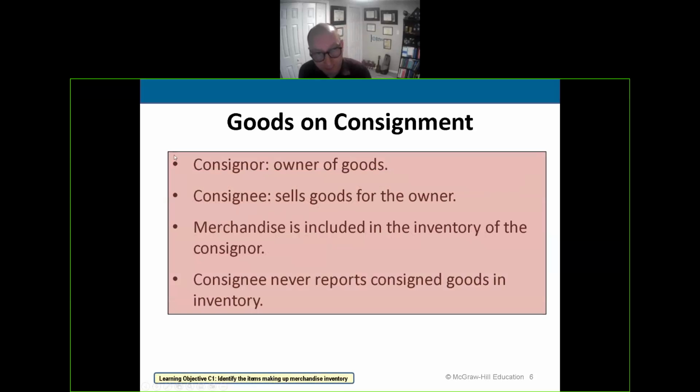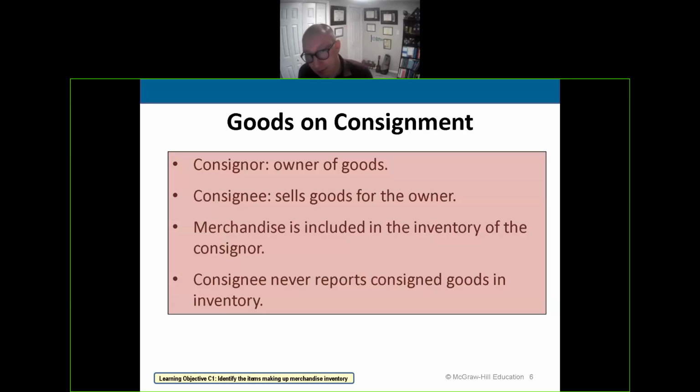Goods on consignment. I gave you the example of the consignment shop. The consignor is the owner of the goods. If I am bringing stuff to a consignment shop to be sold, I am the consignor. I own those goods. The consignee, the consignment shop, sells those goods for me.